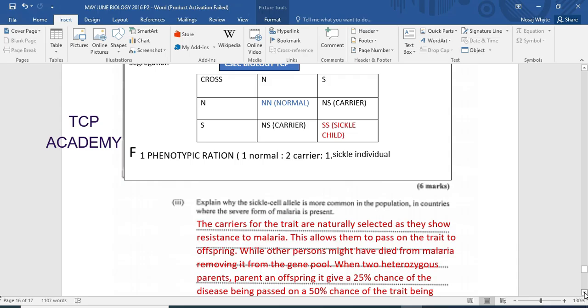This allows them to pass on the trait to offspring, and that's a 50% chance of being another carrier.